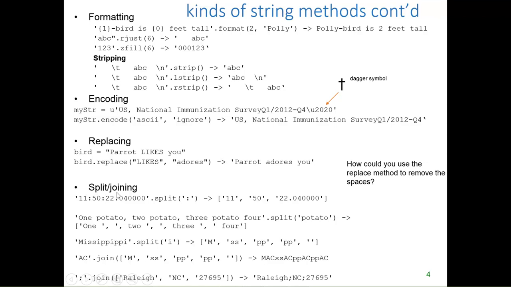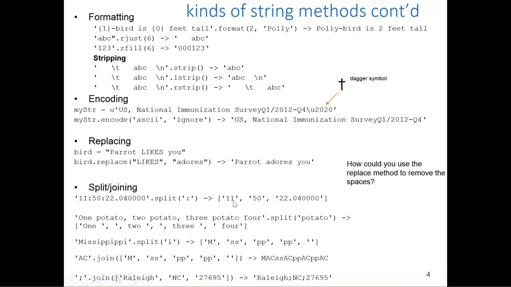Next, splitting and joining. These are very useful when you're dealing with data again. So in this case, we're looking at the numerical value that comes out of the time module. So the time here is 11:50 in the morning, 22 seconds, and this many milliseconds.